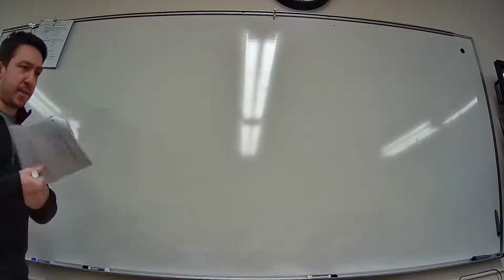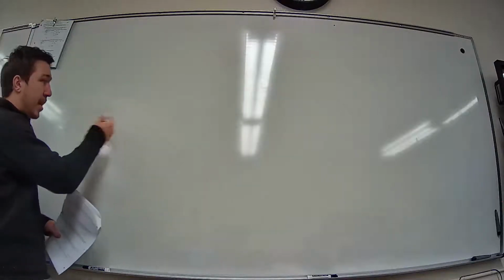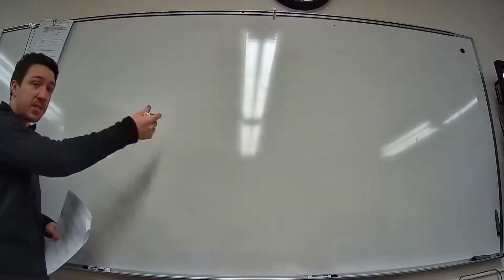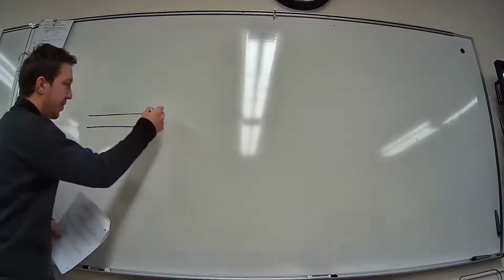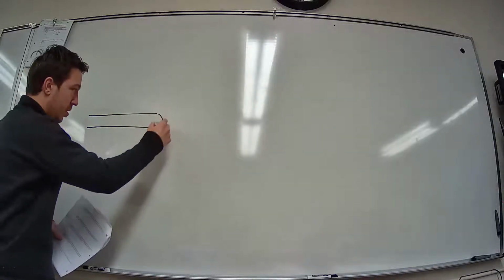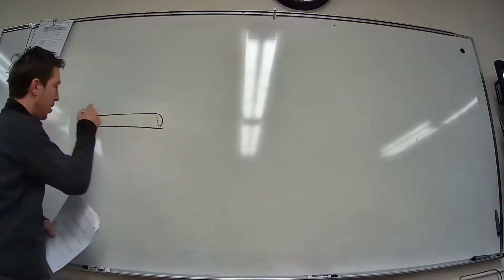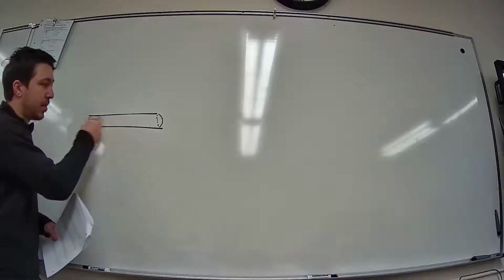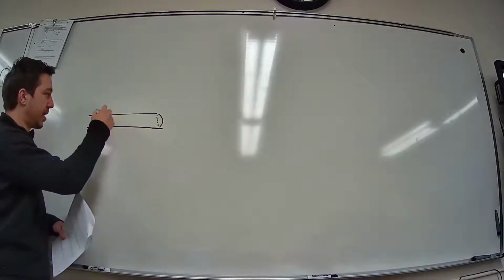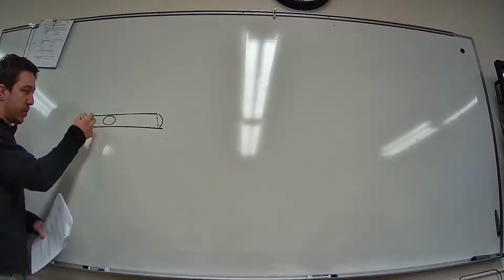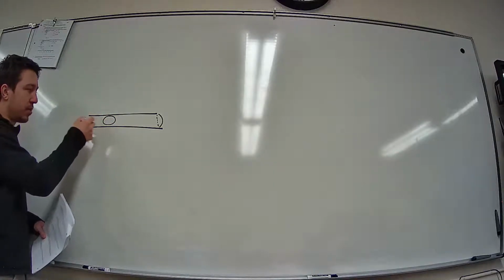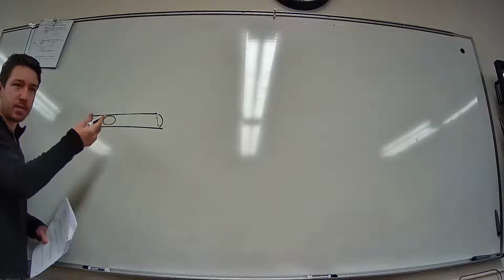The last thing I wanted to clarify from yesterday: we talked about, say you have a cannon or a gun. There's a barrel, right? This is an oversimplification, but let's say this is a cannonball. What happens when the gunpowder is ignited?